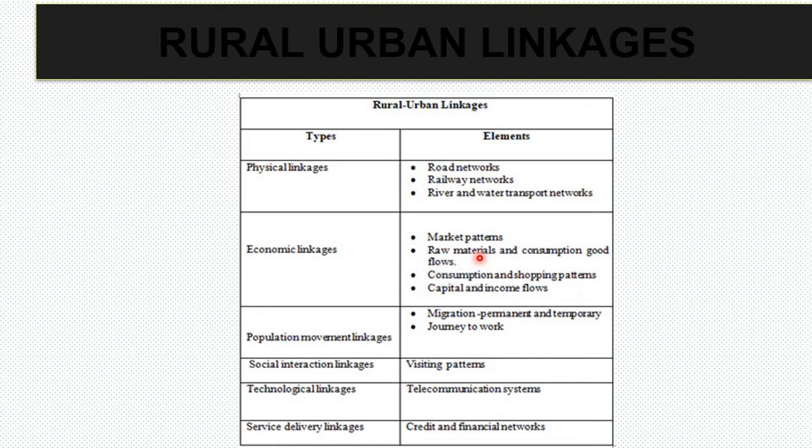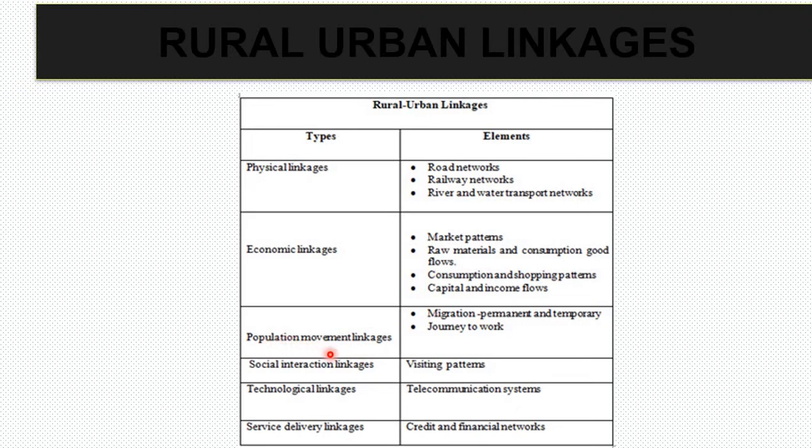Production of raw materials and production of food happens in a rural area and is transported to an urban area for consumption, and in turn goods such as clothes or other infrastructural services are available in the urban setting, wherein the rural people reach out to the urban setting in order to avail those goods. That is how the rural and urban people connect themselves.